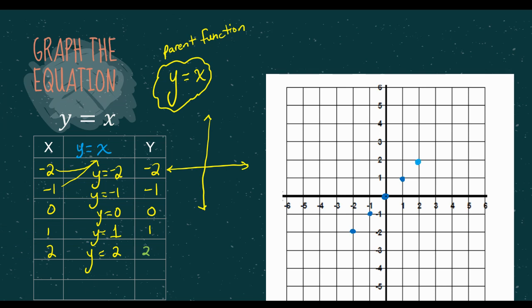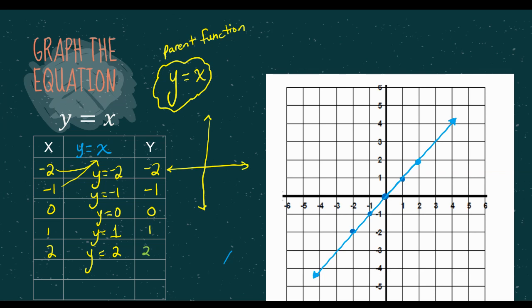There we go. So that's the parent function for linears, and it goes through the origin, the center. And look at me, I got a little bit better line there. It still is a little wiggly, but pretty good. If you go to upper level mathematics, that's an important line, okay?